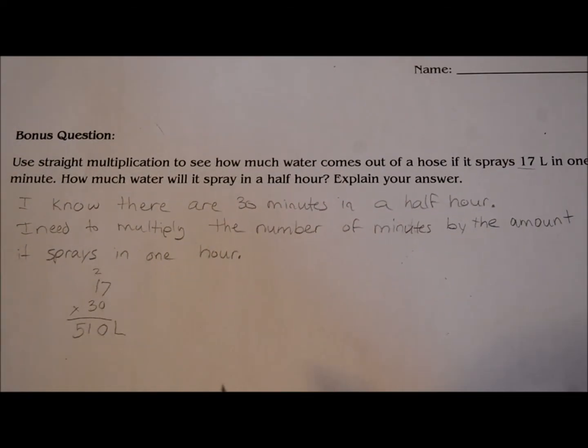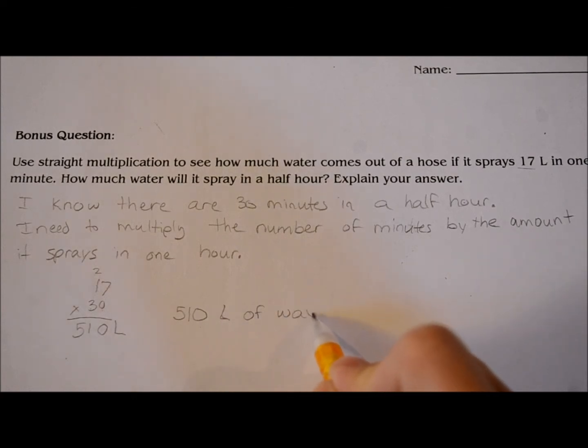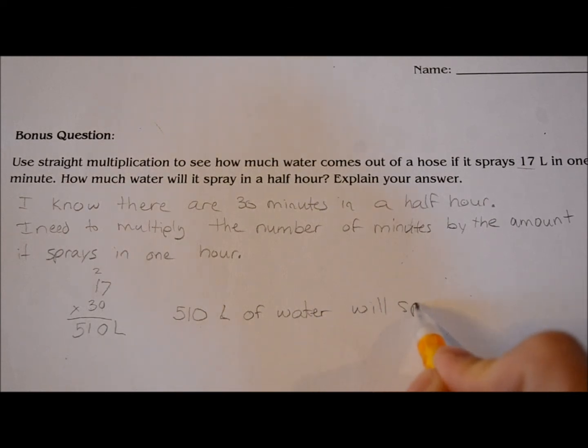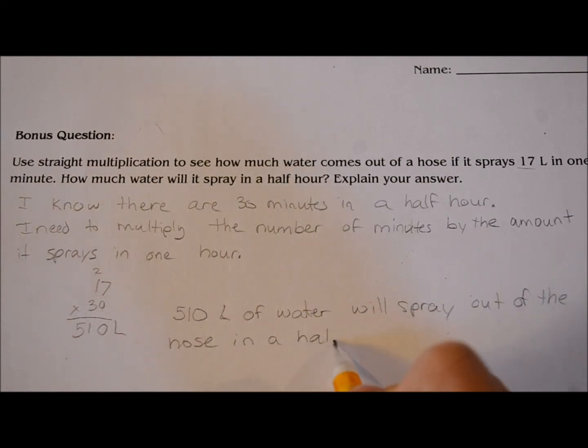All right, so now all we have to do is write our concluding sentence. So, 510 liters of water will spray out of the hose in a half hour.